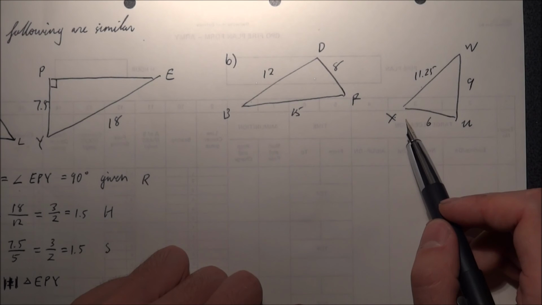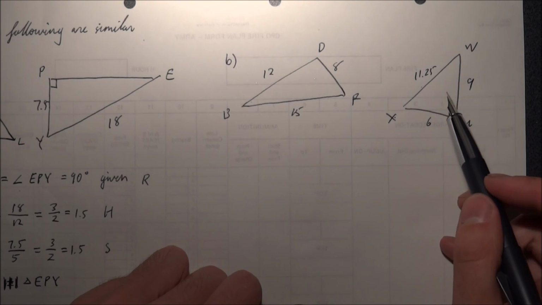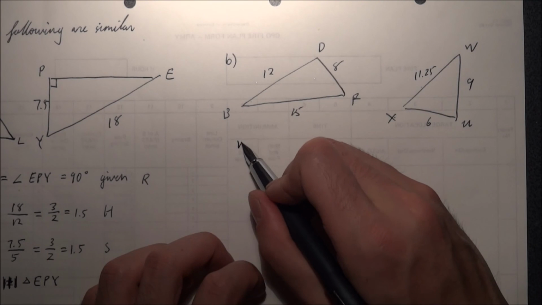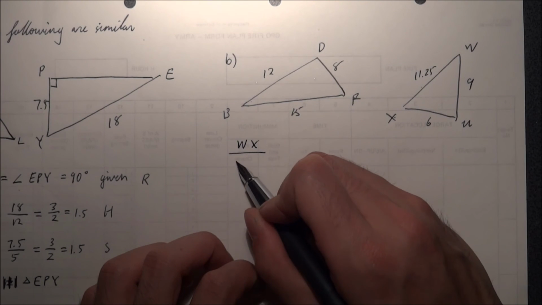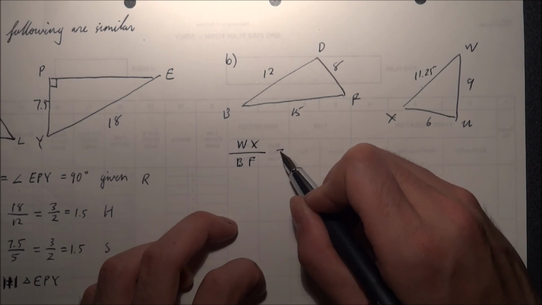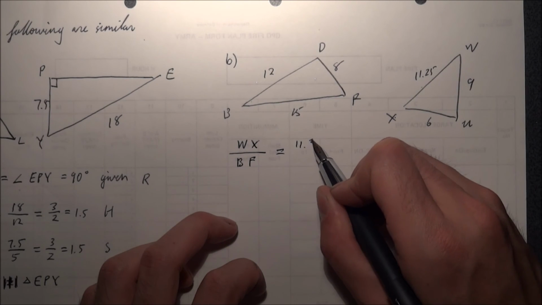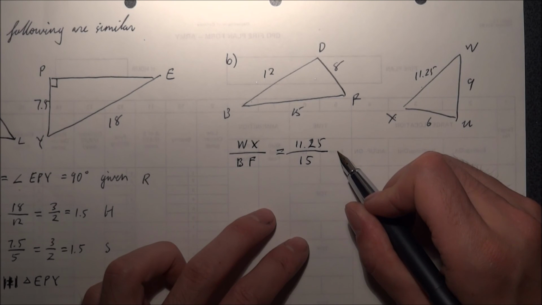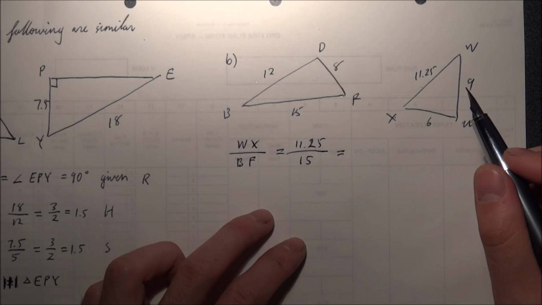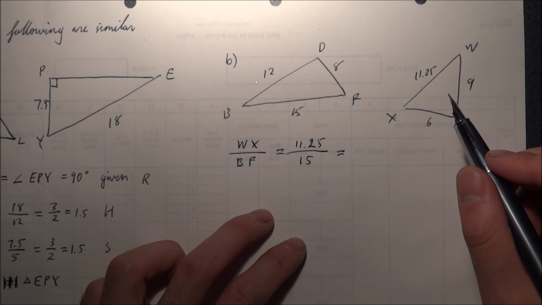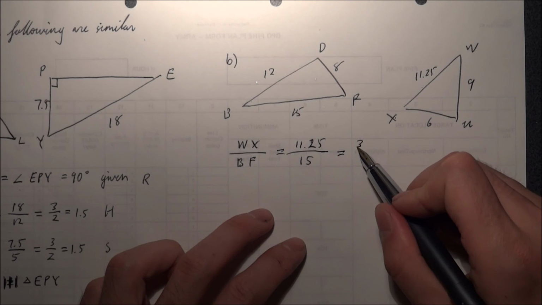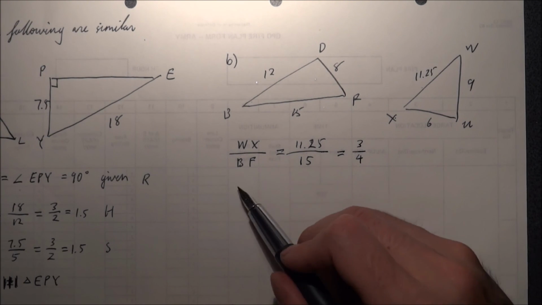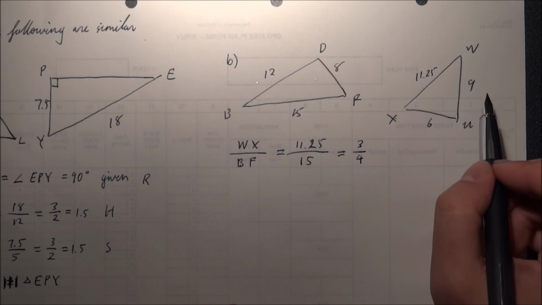So the long side WX matches up with the longest side. WX over BF is 11.25 over 15, which conveniently equals 3 over 4. And the next one, we look at the second longest side.